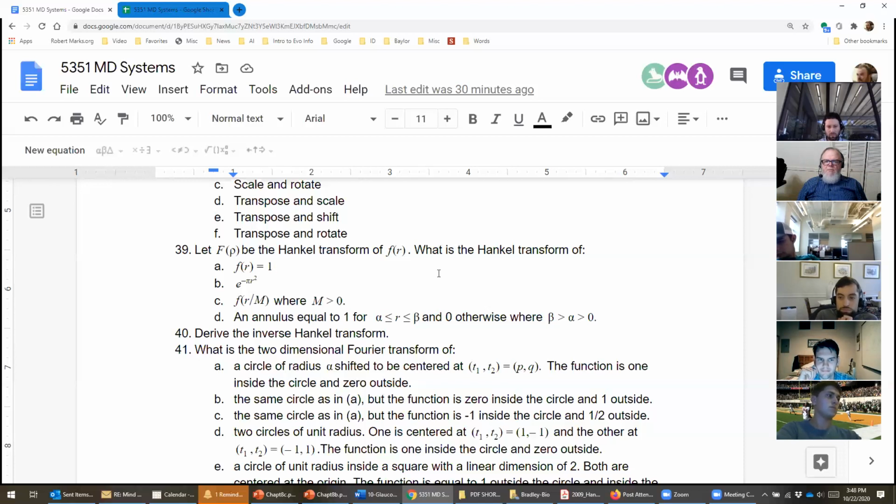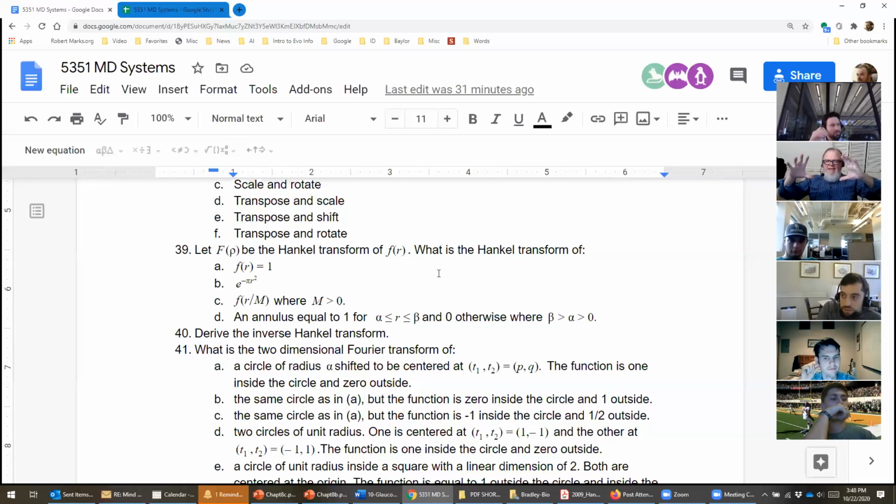Go ahead, Chris. I split it up into 2 rectangle functions. No, two circle functions. Yes. So you have rectangle functions in the variable of r. Yes, in r. So pi r over 2 beta minus pi r over 2 alpha. Yep, that's it. Okay, that's enough of a hint.